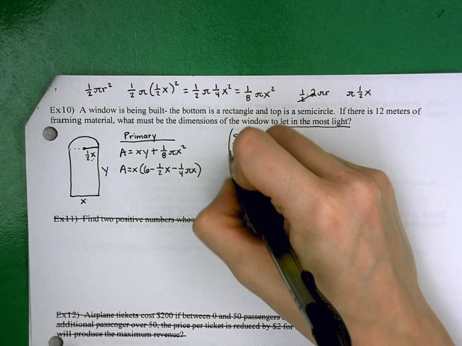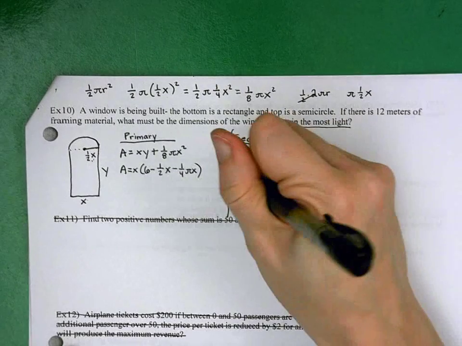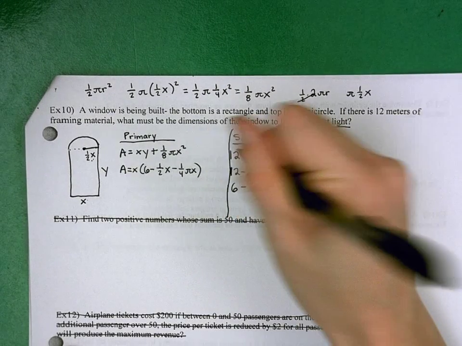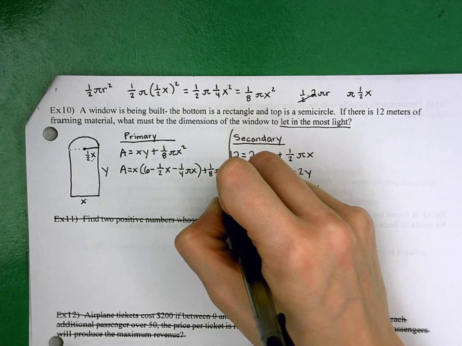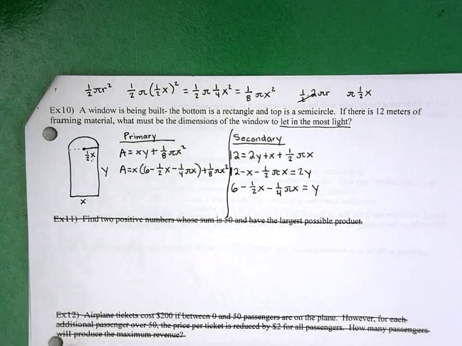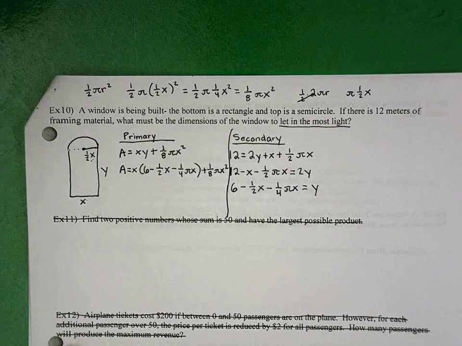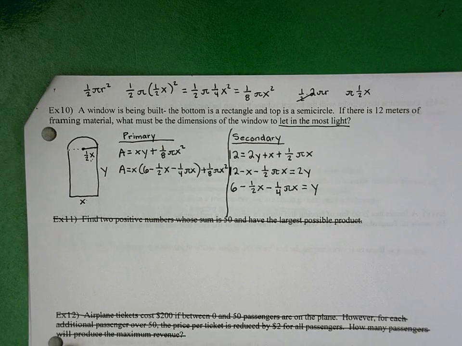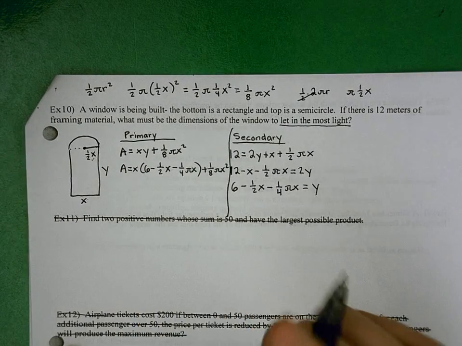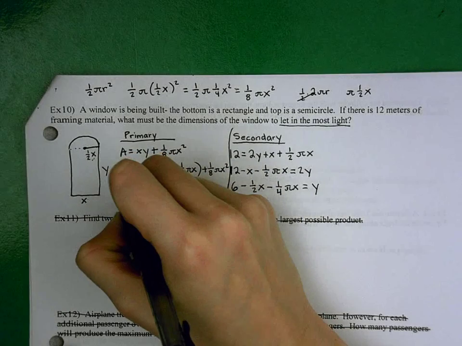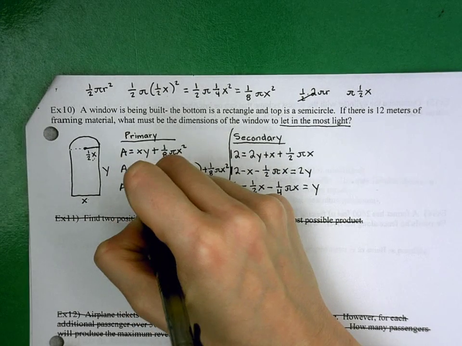Go ahead and draw a little line down here, separating our work, making sure we don't get that mixed up. Okay, at that point you're going to go ahead and take the derivative and set it equal to 0. You can take the derivative as is, or I'm going to choose to distribute this in so that I've just got power rule to worry about.